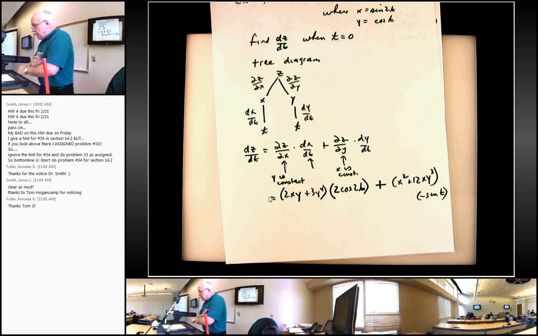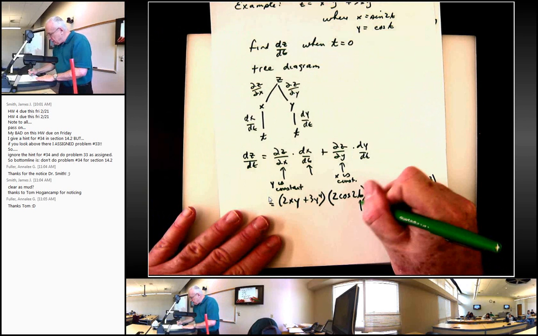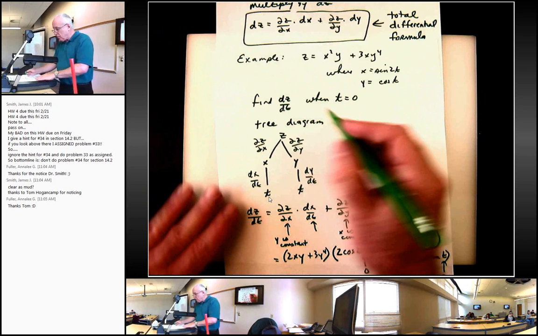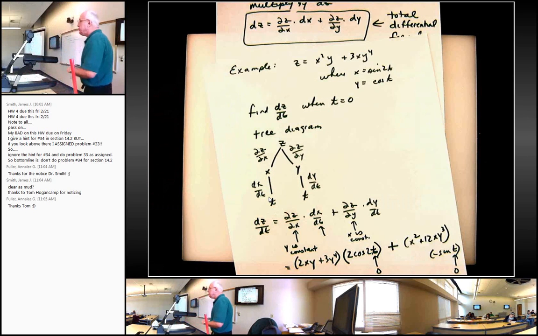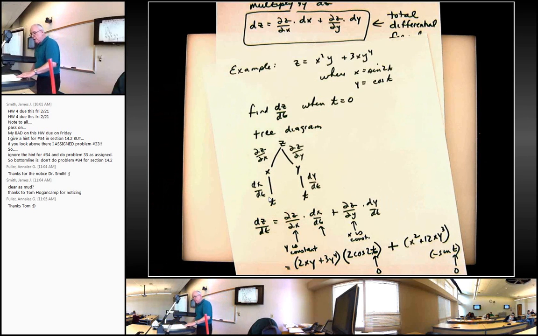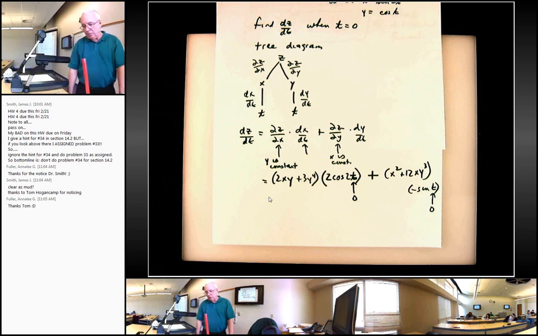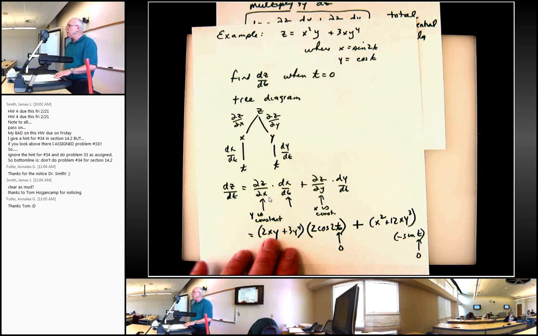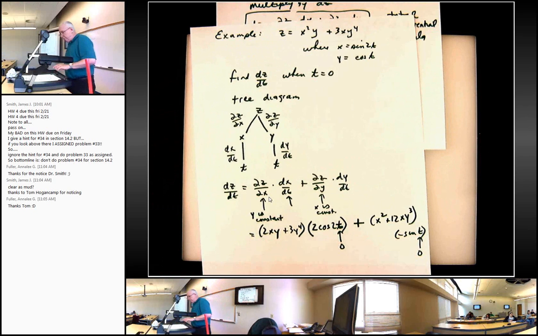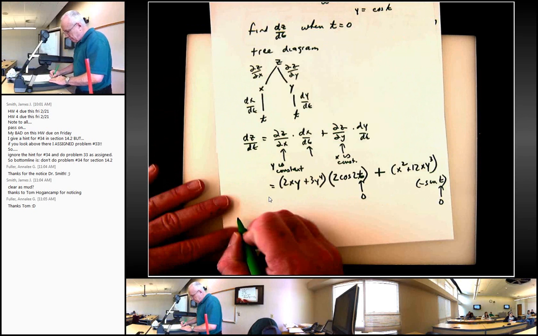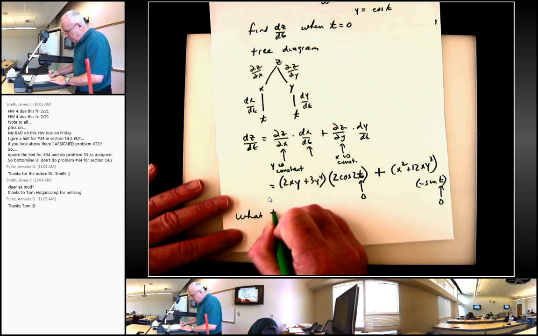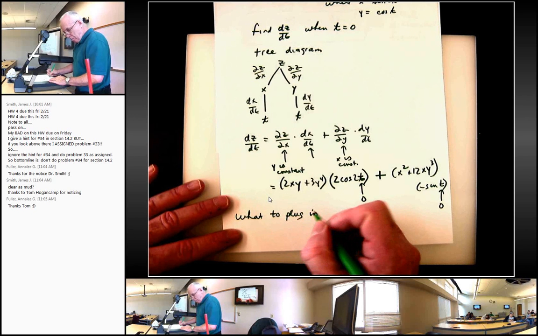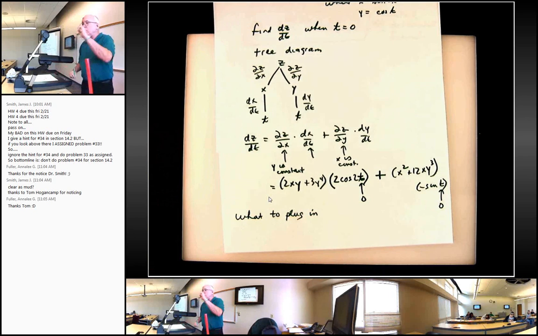Okay, now we know that we're going to plug in 0 for t, because our question is to find it when t is equal to 0. Okay, so we're going to plug in that 0 for t, but then how am I going to figure out what numbers to plug in for x and y? Well, I want to get a number.